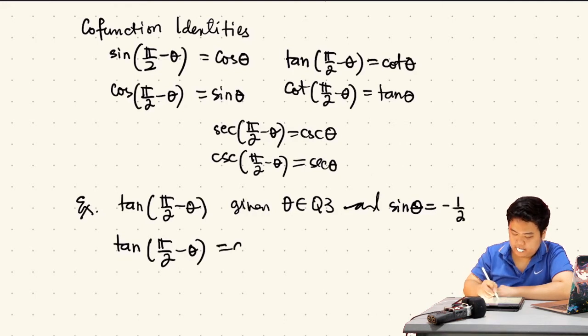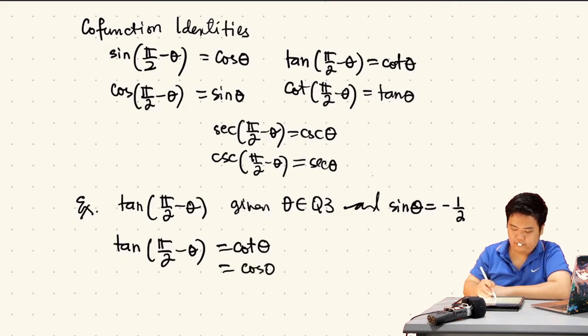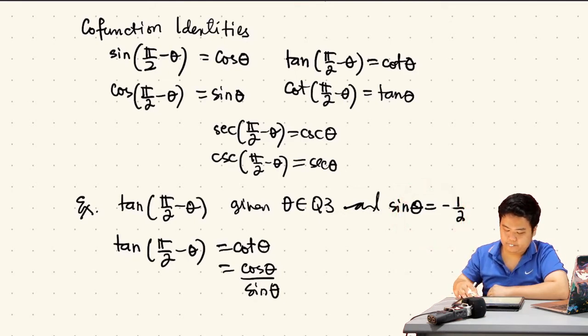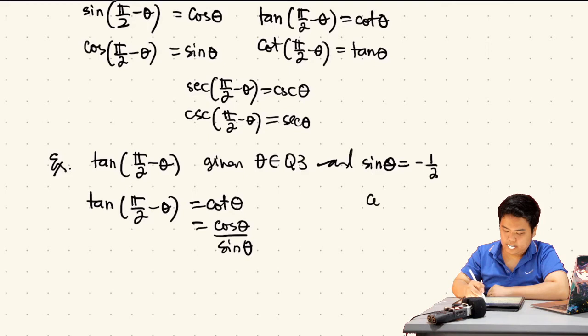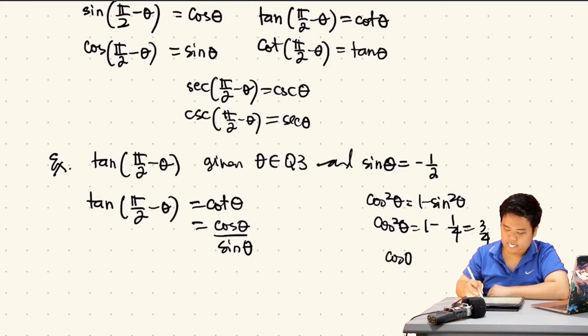So, this is cotangent theta, which is cosine theta over sine theta. So, may sine na tayo. Let's compute for cosine. Cosine squared theta is equal to 1 minus sine squared theta. 1 minus sine squared is 3/4. Take the square root of both sides, so plus minus square root of 3 over 2.